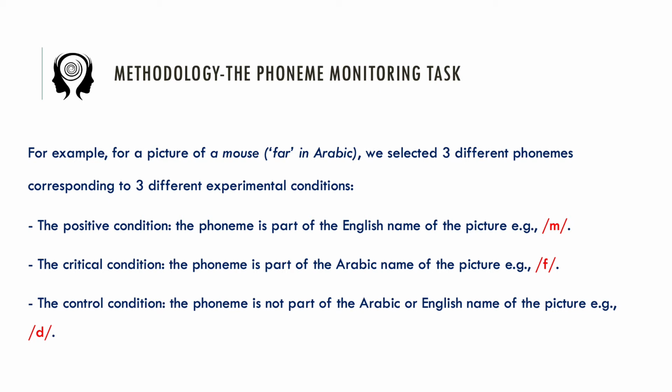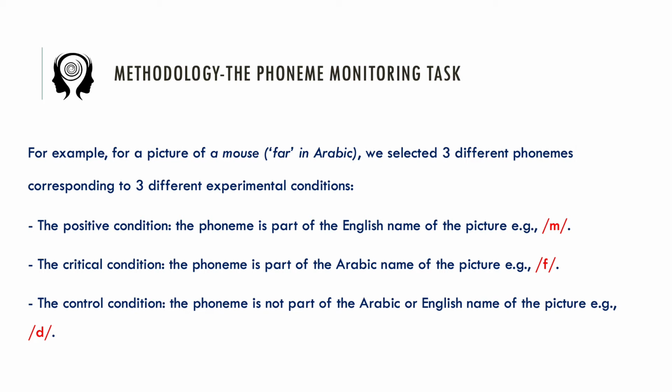In other words, we expect to see longer naming latencies in the critical condition relative to the other conditions, because if L1 is active, it will be hard for the bilingual to reject the phoneme and provide a negative answer for that condition.